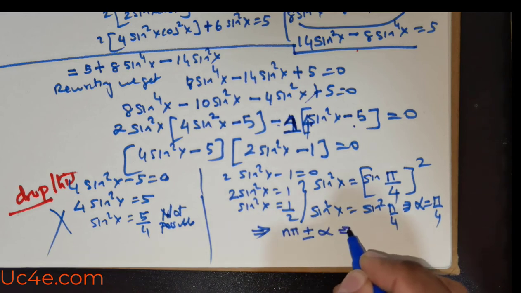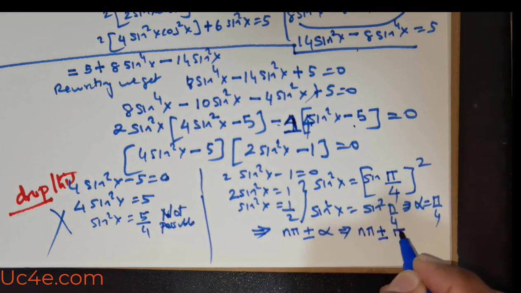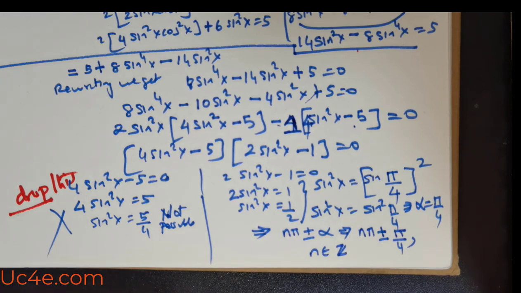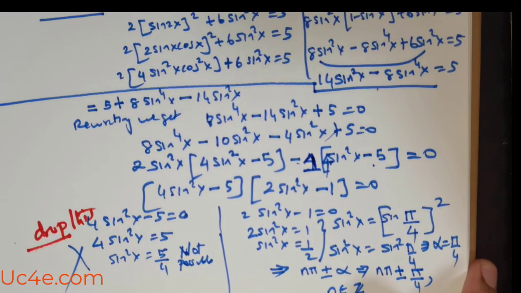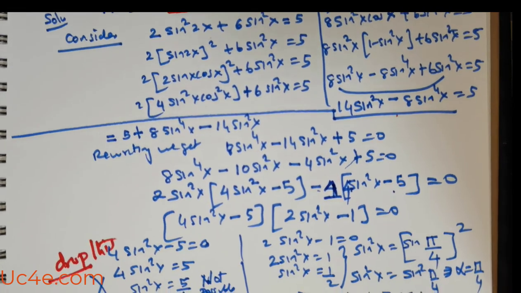So this would mean n pi plus or minus alpha is pi divided by 4, where n is an element of integer, right? So that is the solution for this beautiful question. So students, we will move on to the next question.